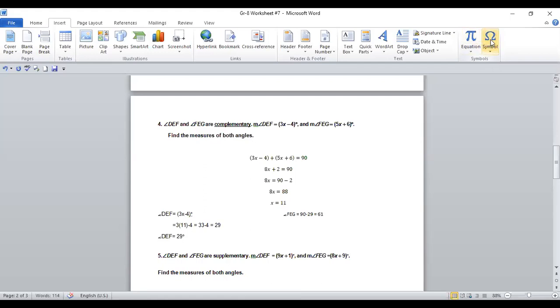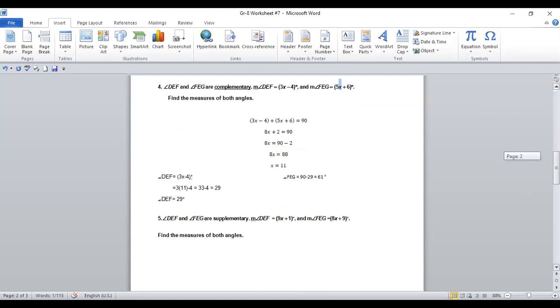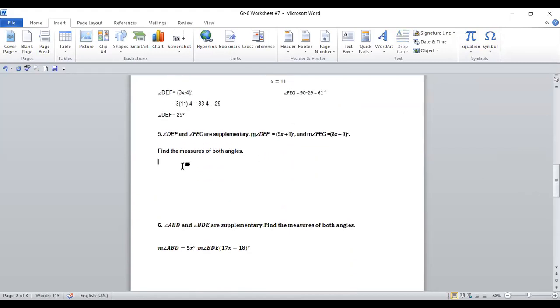Else, if you're not sure that your answer is right, all what you can do is replace x with 11. So 5 11s will give you 55. 55 plus 6 will give you 61. So anyhow, you solve it like this, or you replace and solve it, you are going to get the same answer.